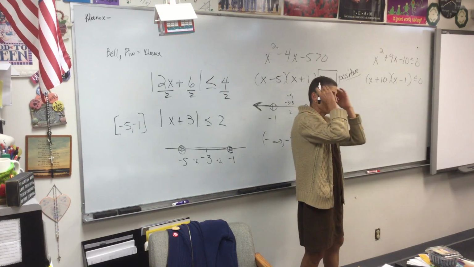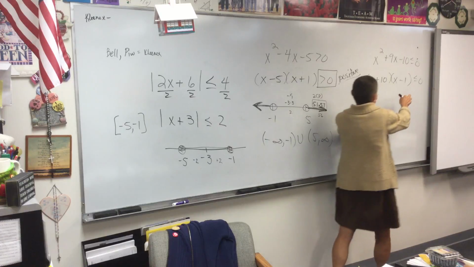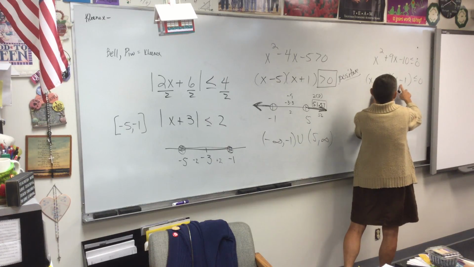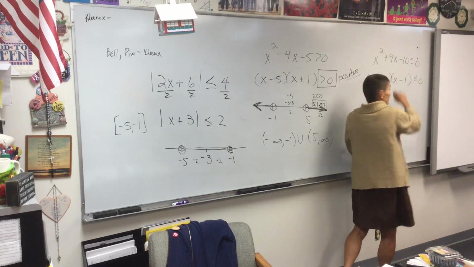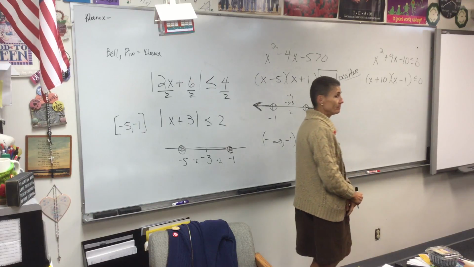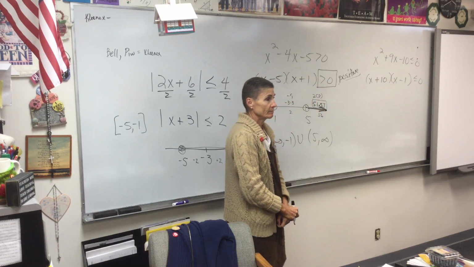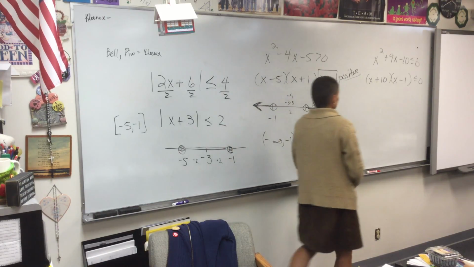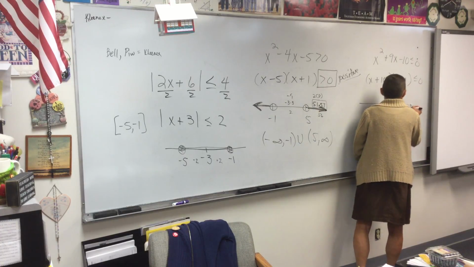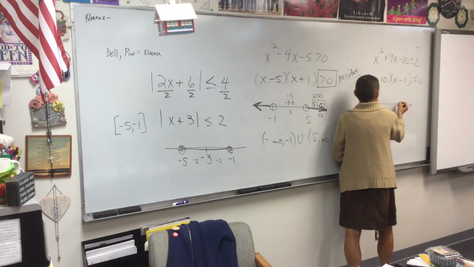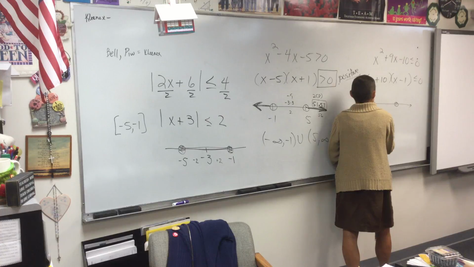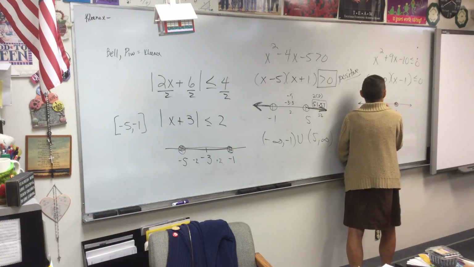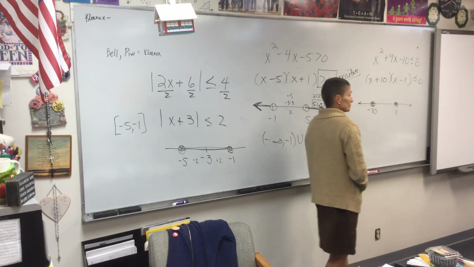I'm going to do that quick mental check. -1 plus 10, does that add up to 9? I'm good. You're good. You got it. Now I'll draw my number line. What 2 dots are going to go on my number line? -10 and 1, in that order.